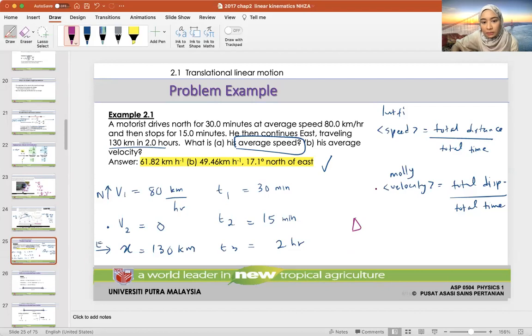So position final minus position initial gets you change in displacement. Understand? It's displacement. Delta R over delta T. This is delta distance or S code, over delta T.